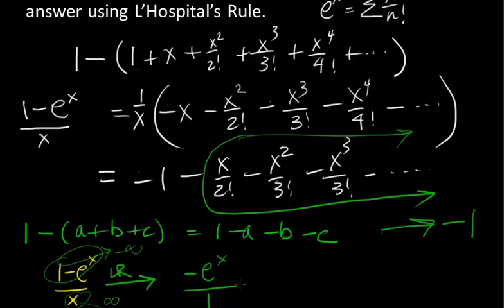And now, as x approaches 0, oh, you guys, I'm so sorry. I was letting x go to infinity back here when I was talking. X is going to 0. So e to the 0 is 1, and the numerator is going to 0, and x is going to 0. And so since we have 0 over 0, we may use L'Hopital's rule.